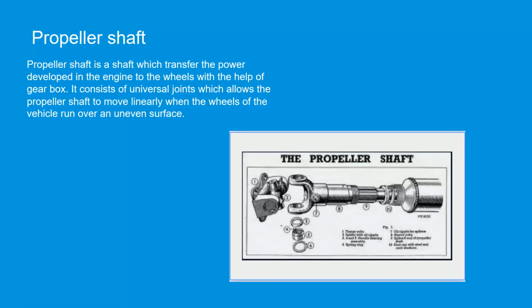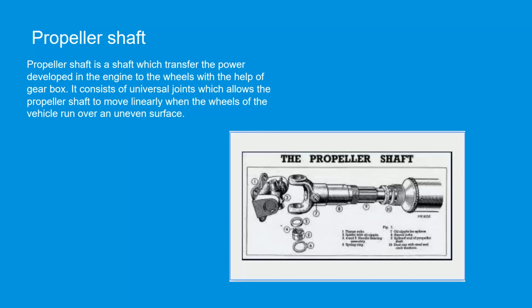Let's move to today's last topic, that is the propeller shaft. This is the main component of the driveline which transfers the motion from the transmission box to the rear wheel axles or directly to the differential.